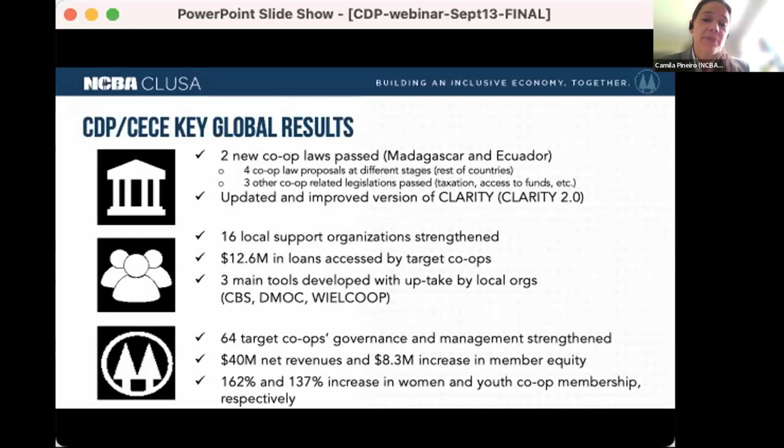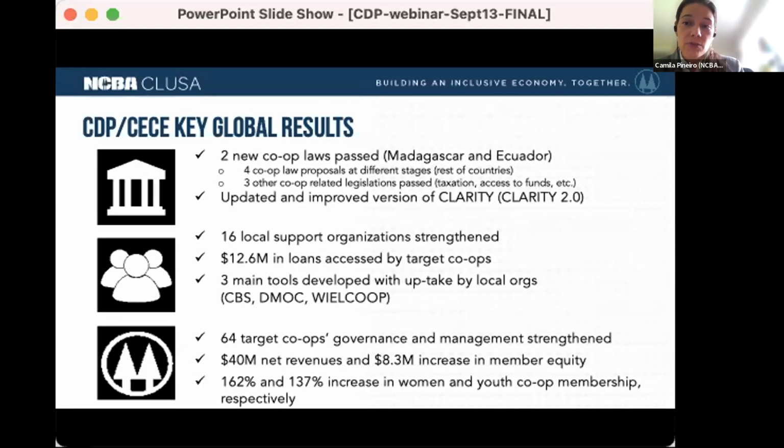In terms of the local support ecosystem, some of the results are that some of these 64 cooperatives we work with were able to access nearly 13 million in loans. And we also helped develop these tools that you will be hearing about. In terms of the cooperatives, despite all the crises we have been living through in the last couple of years, these cooperatives were able to strengthen overall their governance and management, and achieve higher results in terms of net revenue.